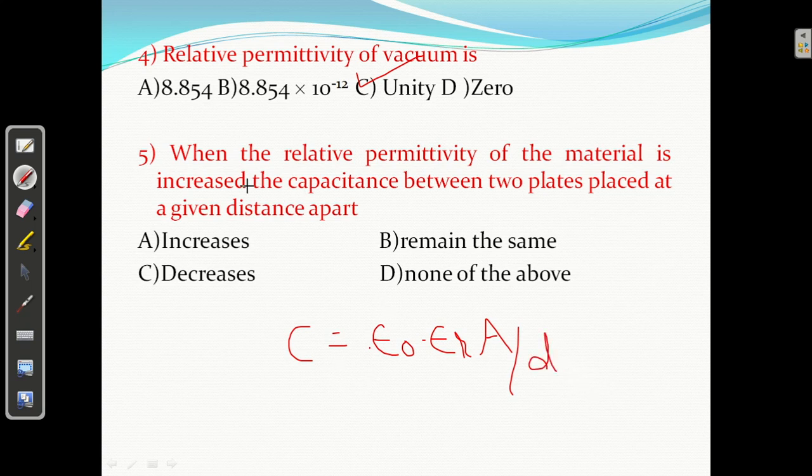So when the relative permittivity of material is increased, if relative permittivity epsilon R is increased, what about the C? C will also be increased with the same proportion, right? So A, answer is A. Okay.